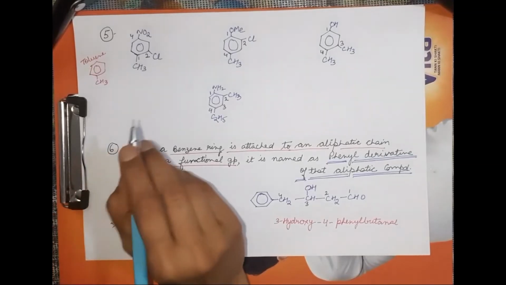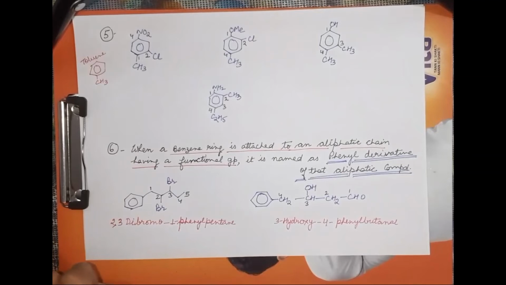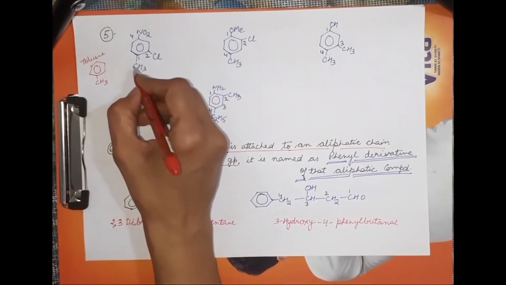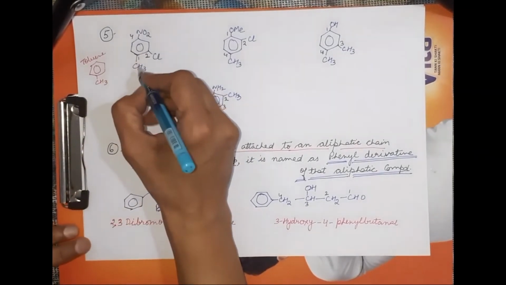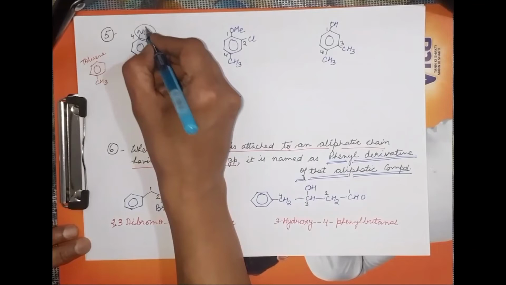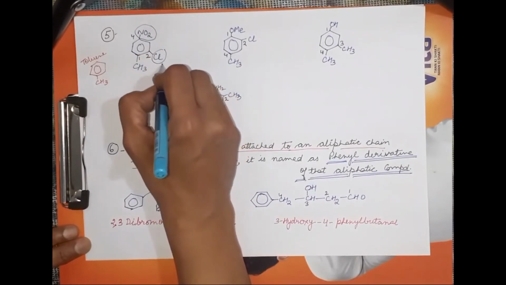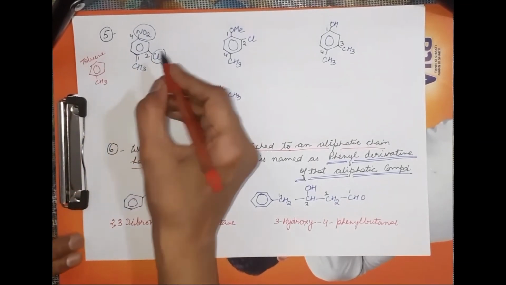So if we have such organic compounds in which we have some common name, then in such cases we have to consider these groups as a substituent, and while writing the name we will write like this.